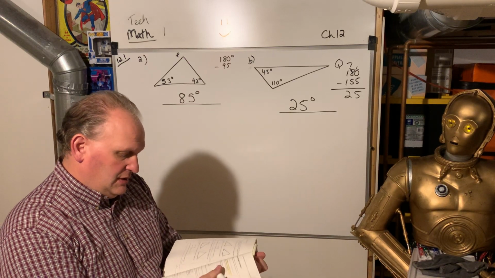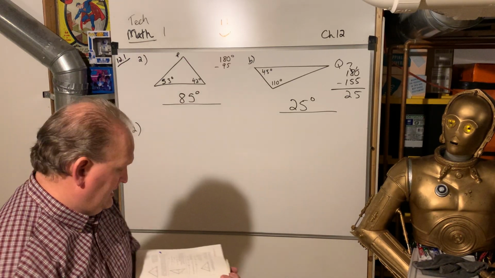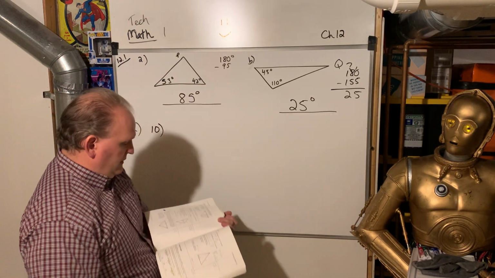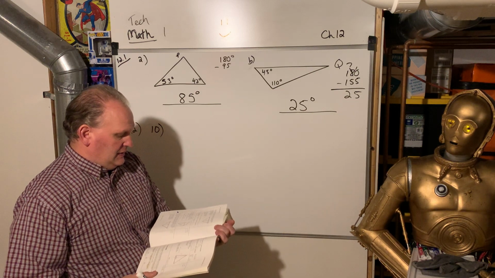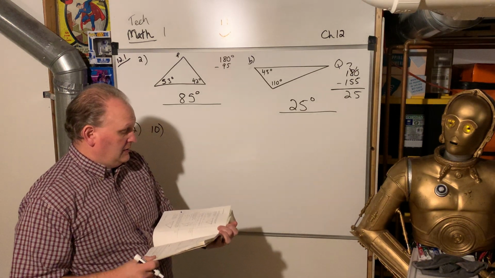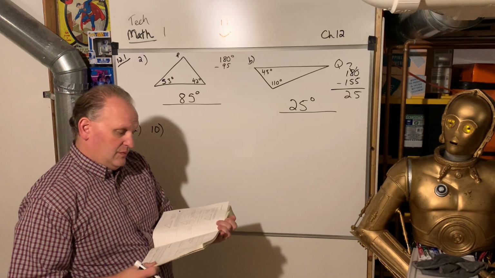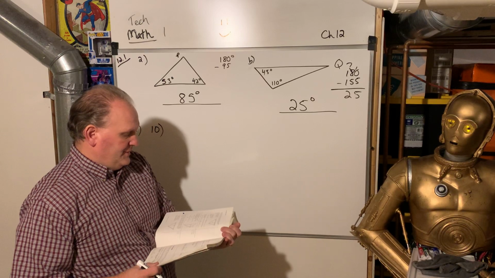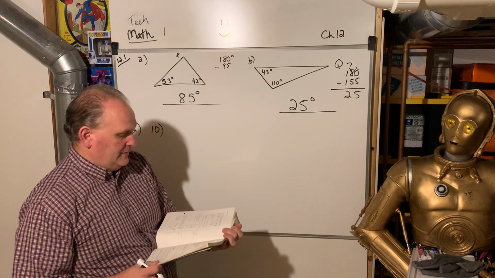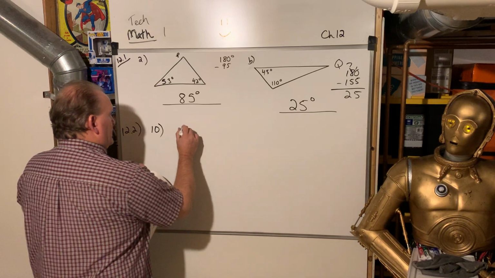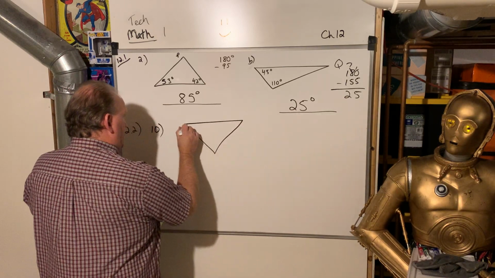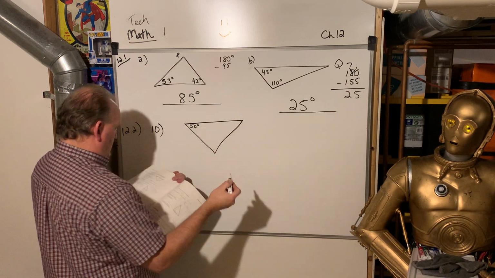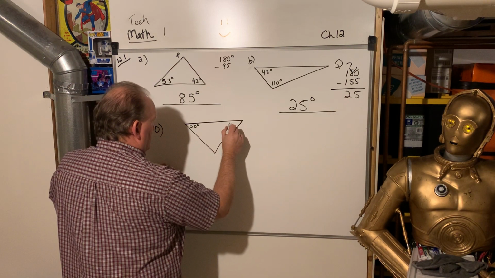So I want to jump to number 10. What do they want me to find? EF. Here, they give you this triangle. They tell you this angle is 50 degrees, and this angle is 45 degrees.